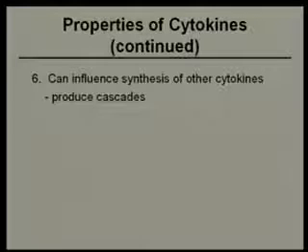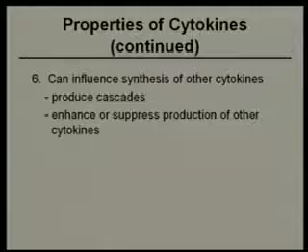Which cytokines in this cascade are produced can dictate what type of immune response is developed. So you can have either Th1 or Th2. The development of a Th1 versus Th2 response typically is dictated by the types of cytokines that are produced in a cytokine cascade.